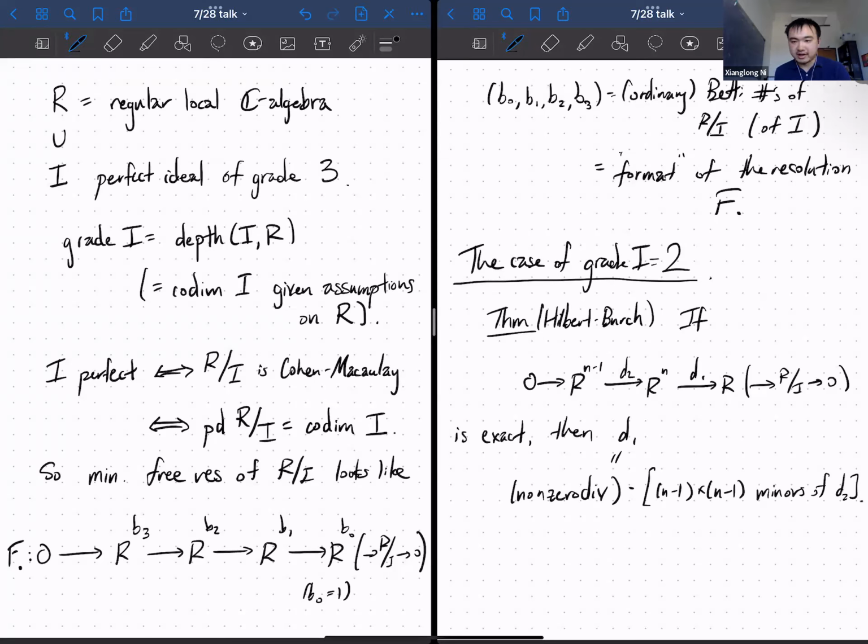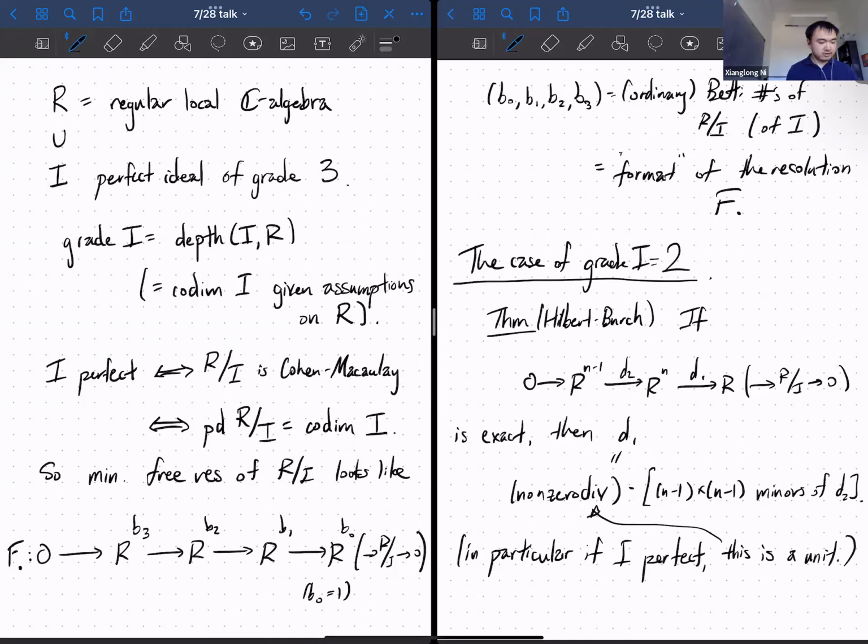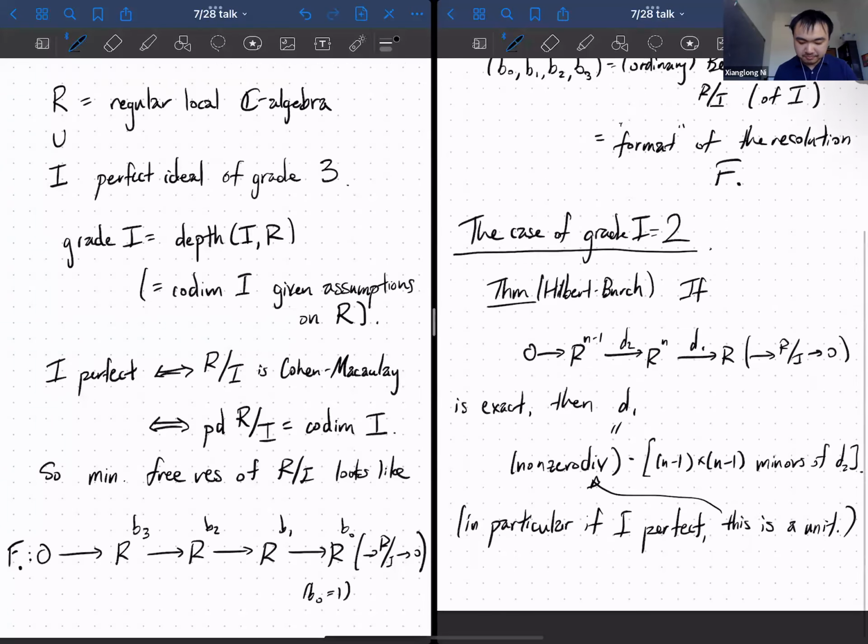Now, in particular, if I is a perfect ideal, then this non-zero divisor better be a unit. So this gives a complete description of all perfect ideals of grade 2.